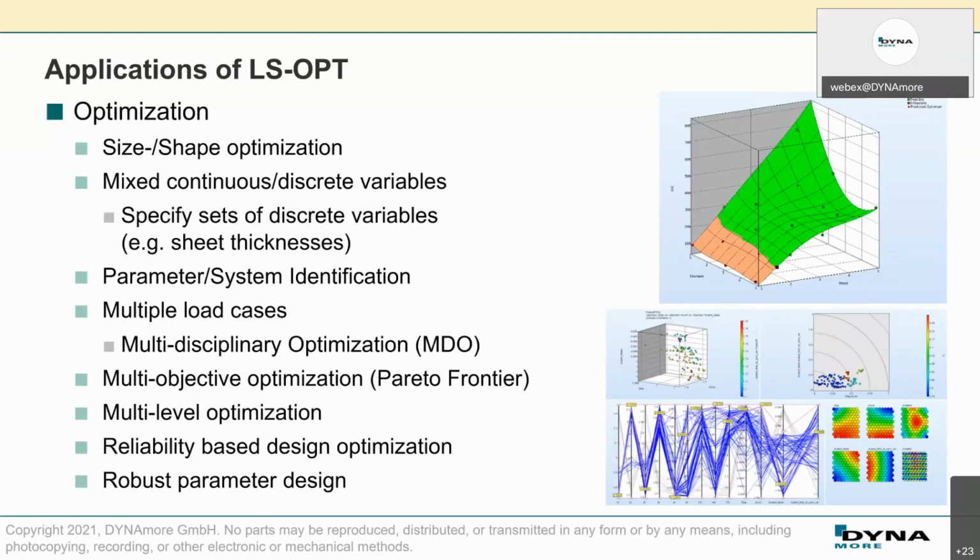A very common typical application of LSOpt is parameter or system identification to calibrate material parameters, for example. I'm going to discuss this in more detail on the following slides.